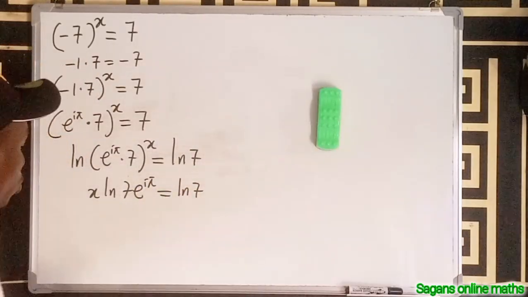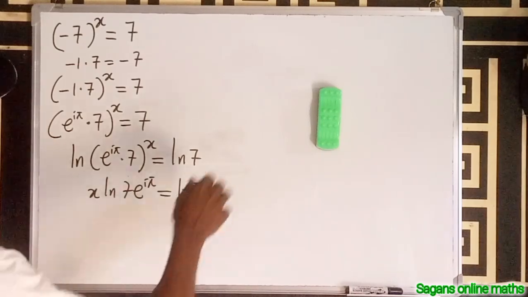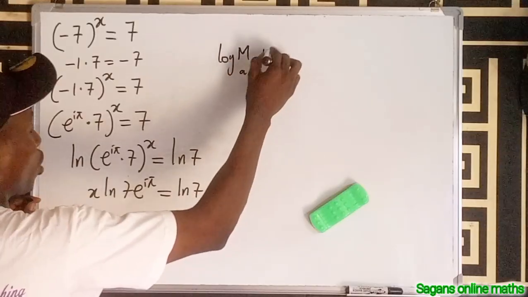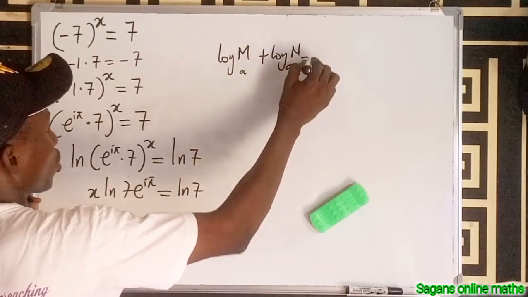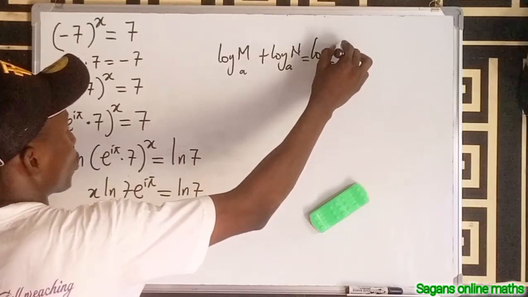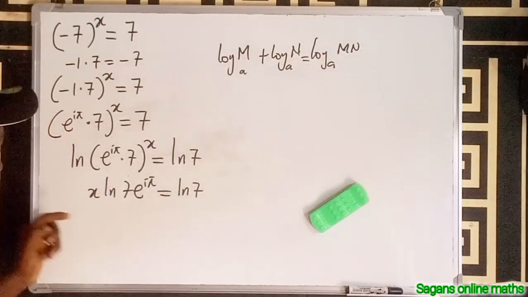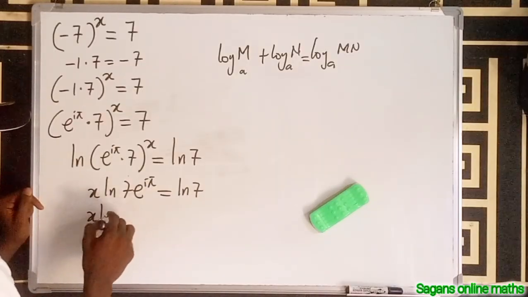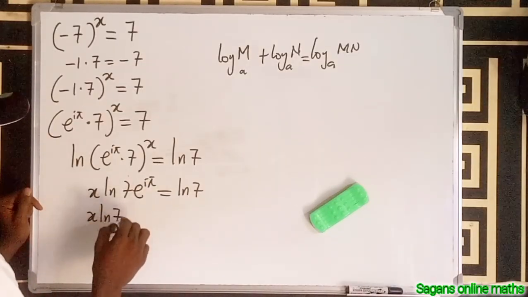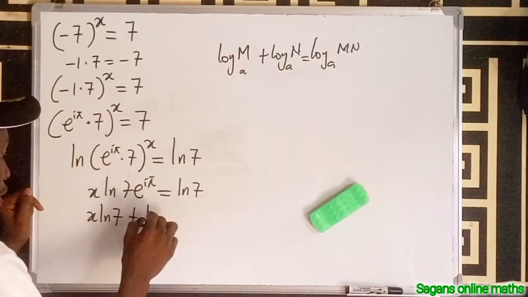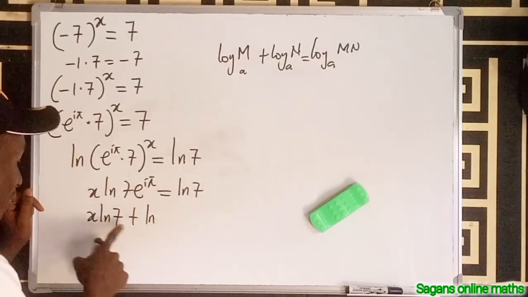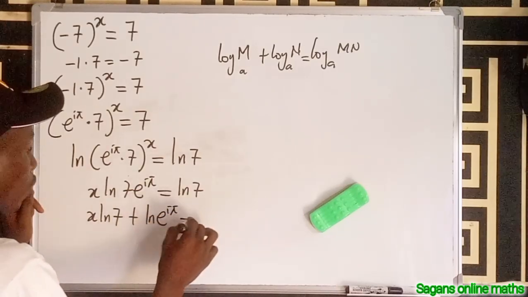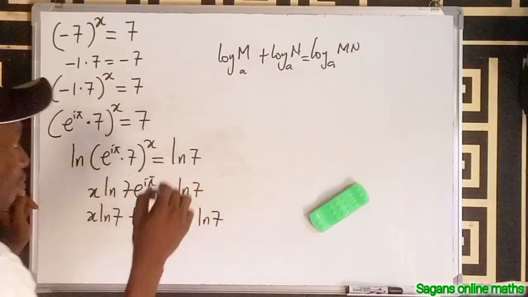Now at this point, what are we going to do? Let's obey another law of logarithms: log m base a plus log n base a is equal to a single log of the product with the same base. So we can write this as the natural logarithm of 7 plus the natural logarithm of e to the power of i pi, equals the natural logarithm of 7.